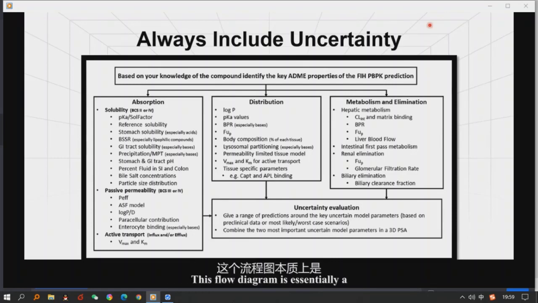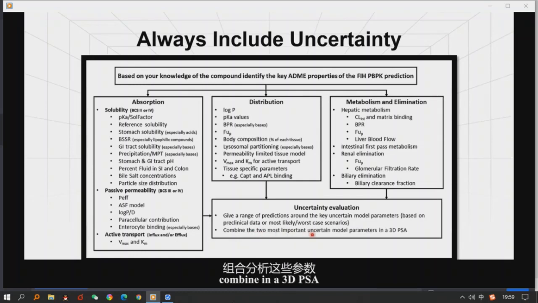And so this flow diagram is essentially a checklist for you to go through and help identify which two parameters are most likely to have the biggest impact, to be the most uncertain. And it's those parameters that you would combine in a 3D PSA.